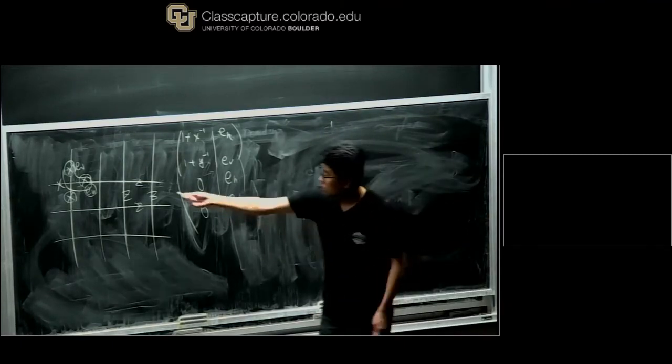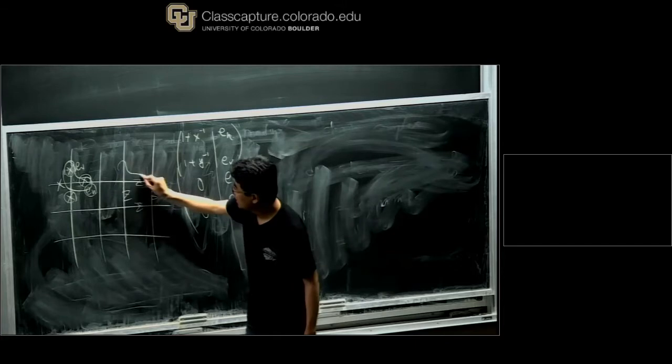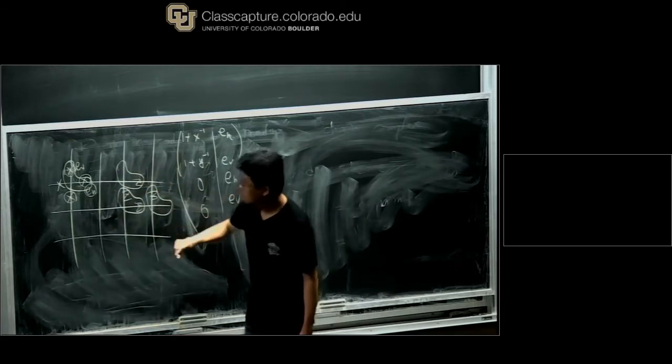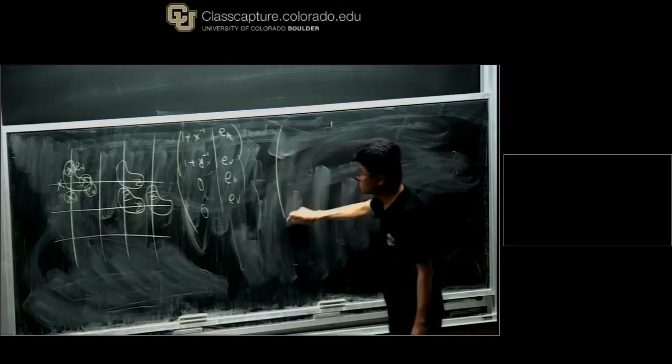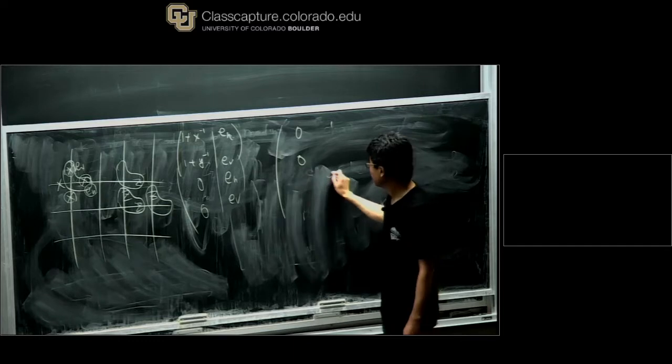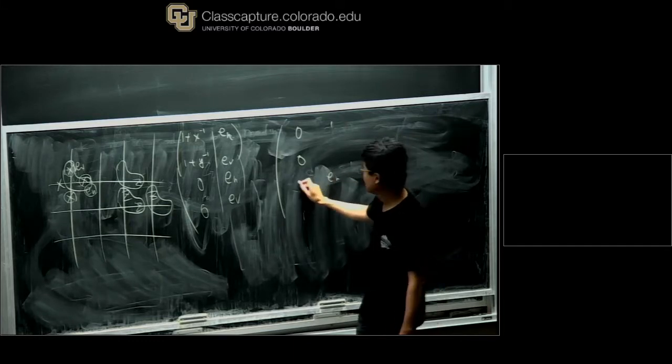Well, what about the plaquette term? Again, I think of the same unit cell. The plaquette term has no sigma x component, but there is a sigma z component.